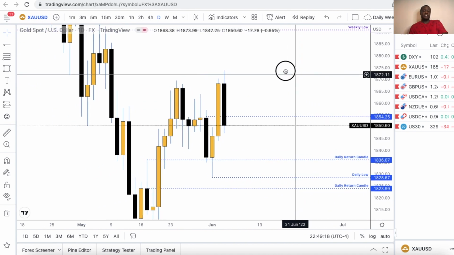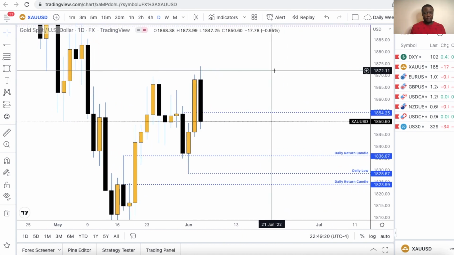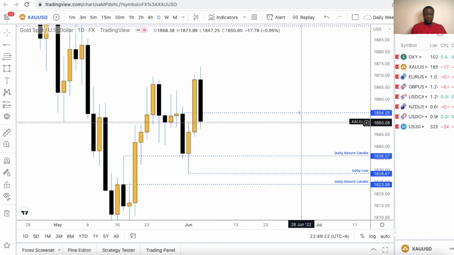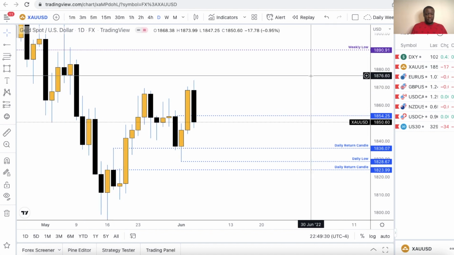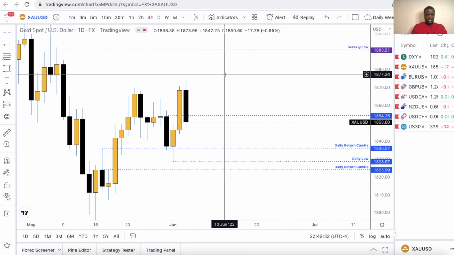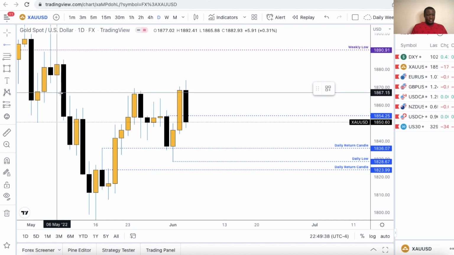So look how clear the chart looks right now. Look at these levels. So that's just the monthly, weekly, daily. If you want, you could go into 4 hours and look for the exact same key levels. I'm going to continue marking up this chart. So we got the down candle.